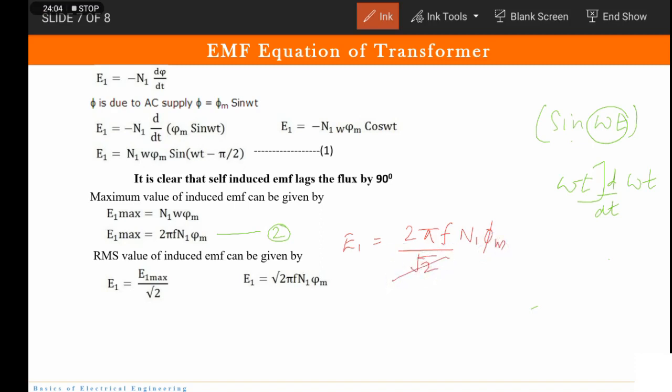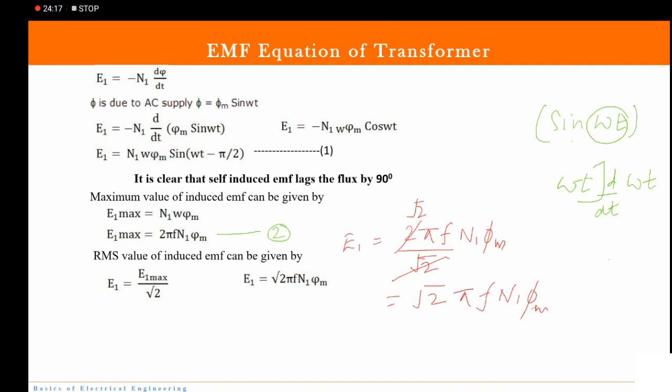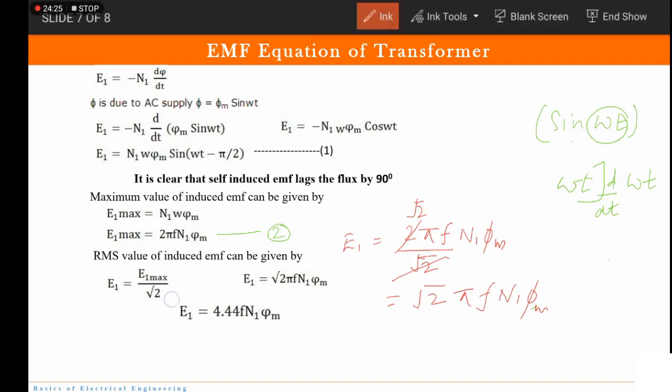This root 2 gets cancelled, so we get root 2 pi f N1 phi m. What is the value of pi? 3.14. So we put that value, and here we get E1 is equal to 4.44 into f into N1 into phi m.